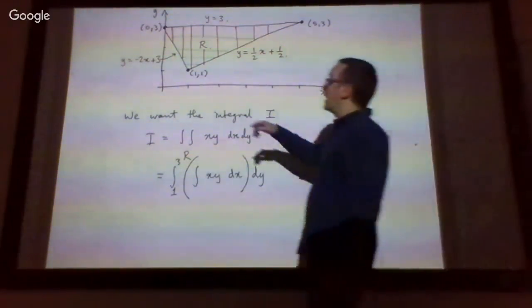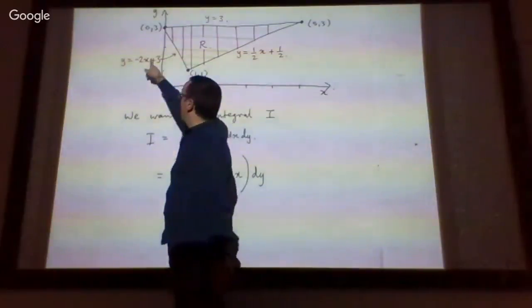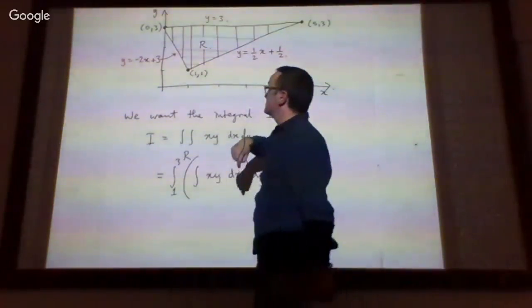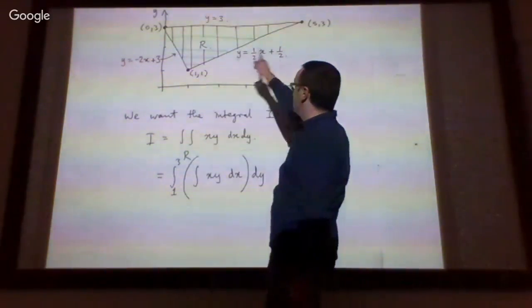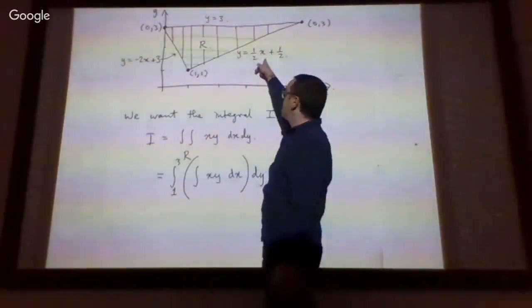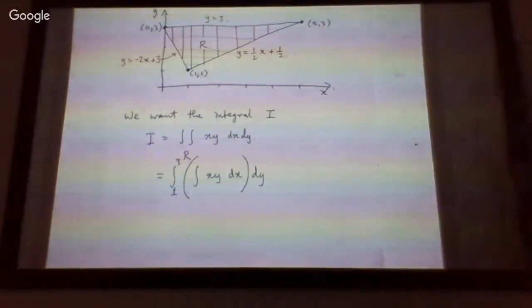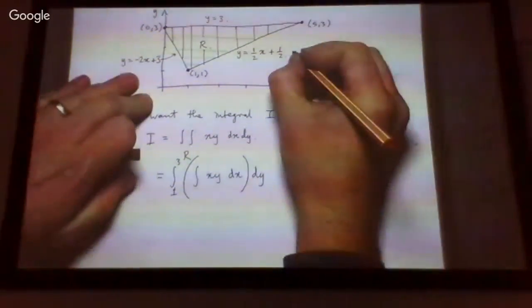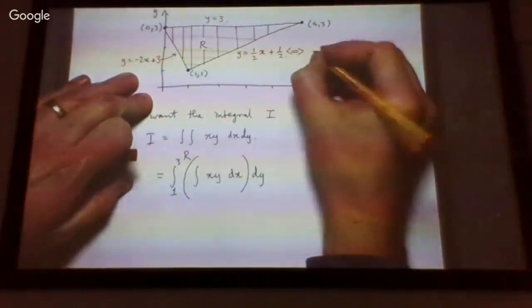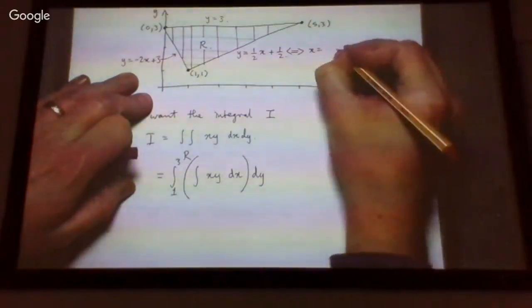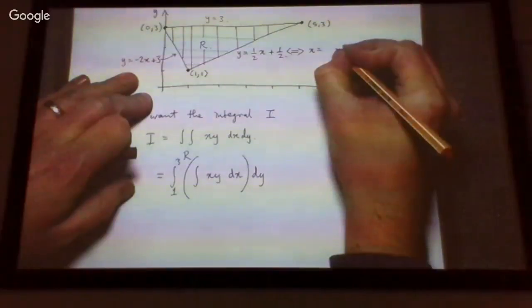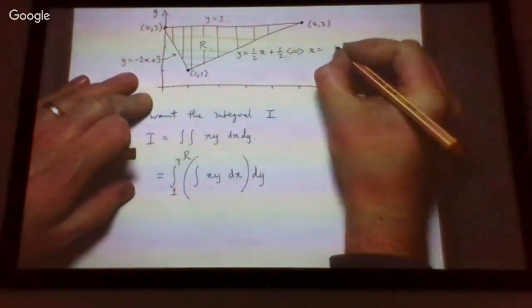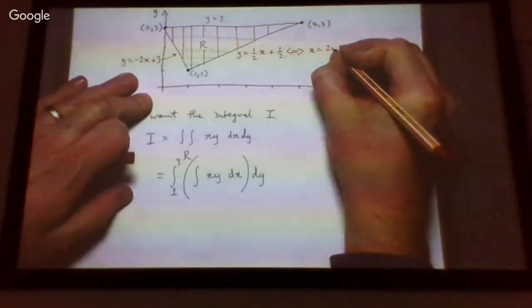And all they are the functions of y corresponding to those lines. Now, at present I've got them described as y as a function of x, so I just have to invert them and describe them instead as x is a function of y. So this is equivalent to x is equal to y minus a half multiplied by 2, so 2y minus 1.